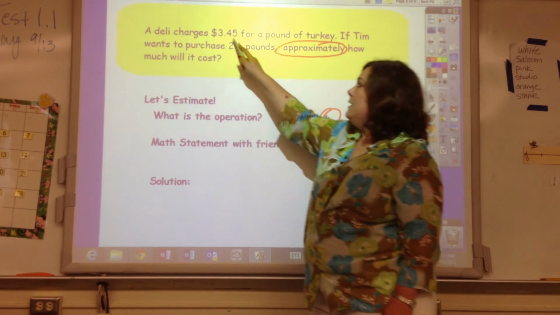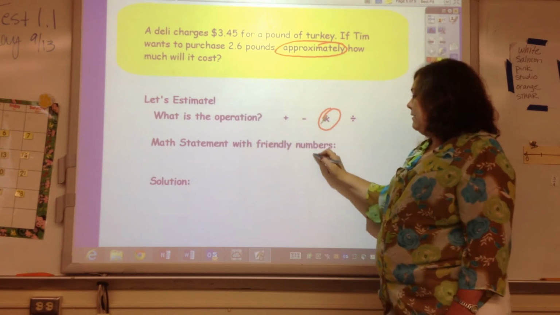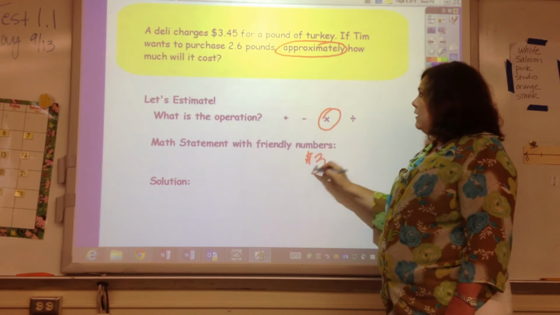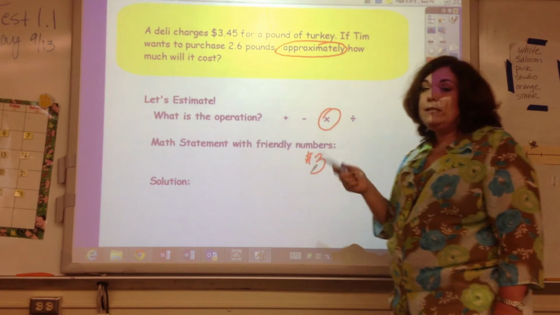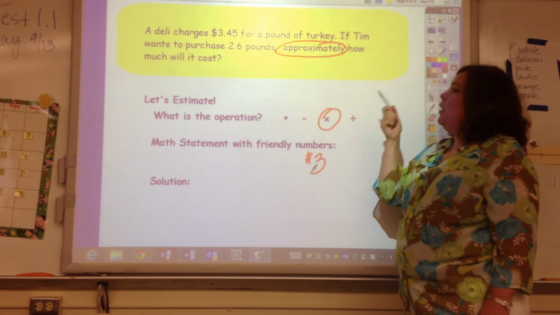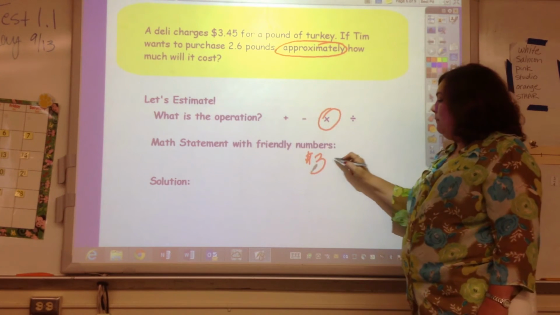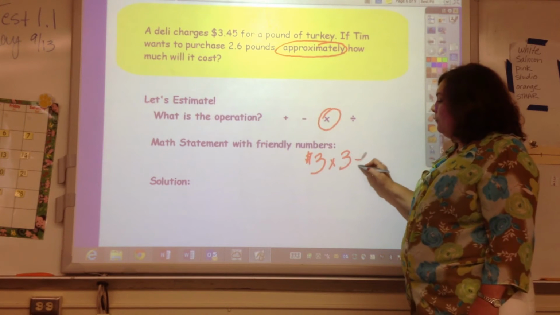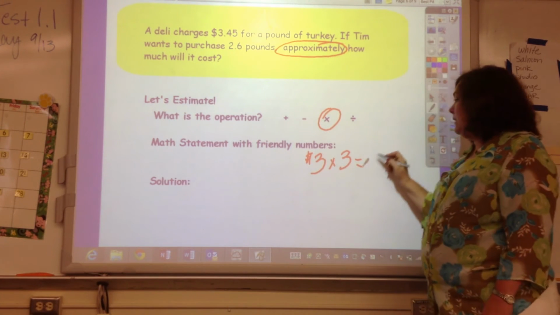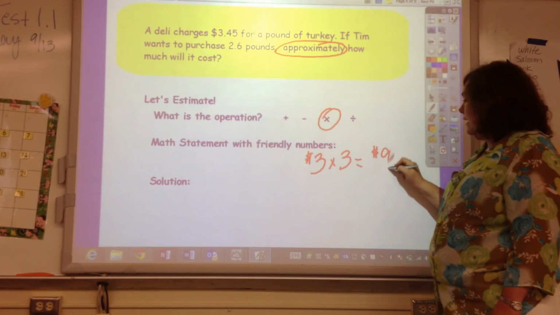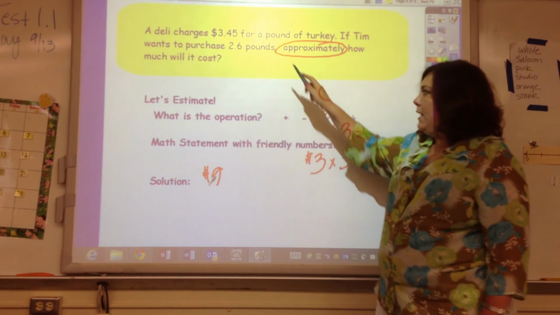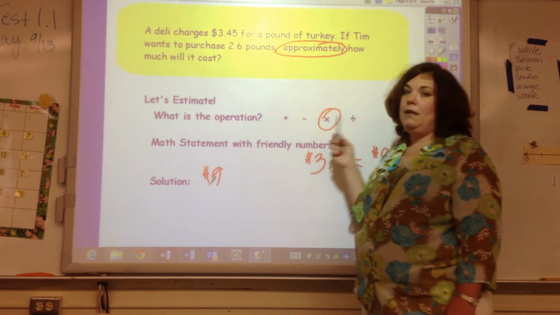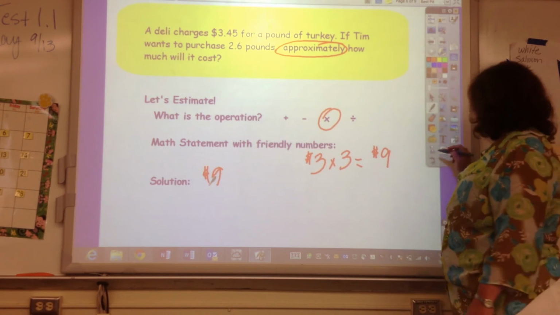Since this is less than 50, I'm just going to say that's $3. And this 2.6. 0.6 says round up. So 2.6 would become 3. So now I've got real easy numbers. So this answer is $9. And all I did was round this, and then multiply it together.